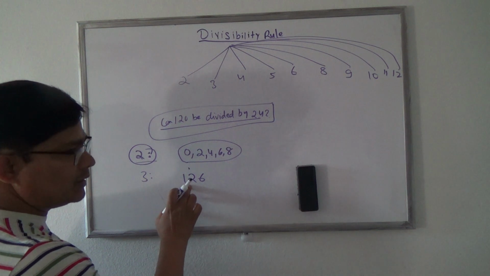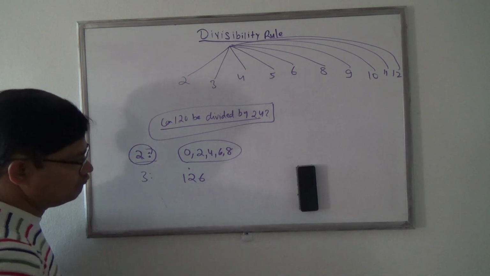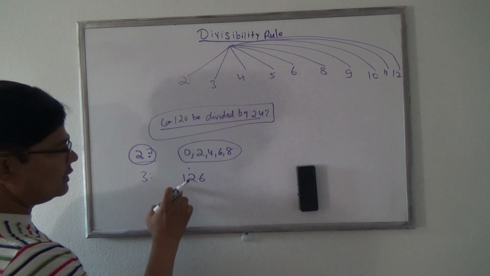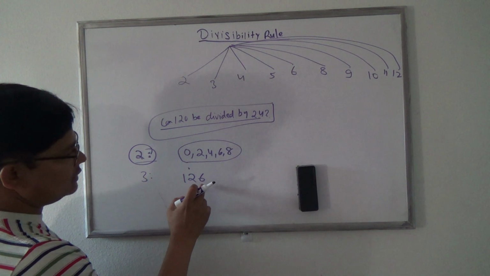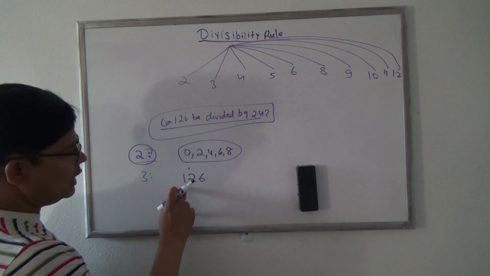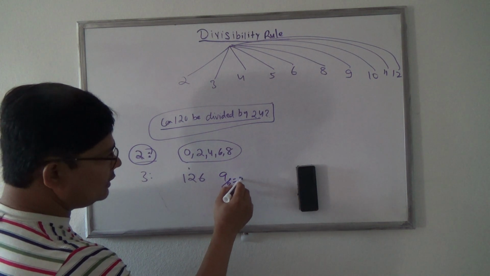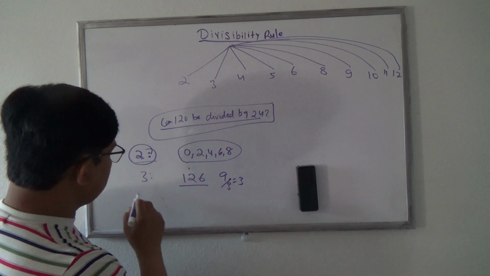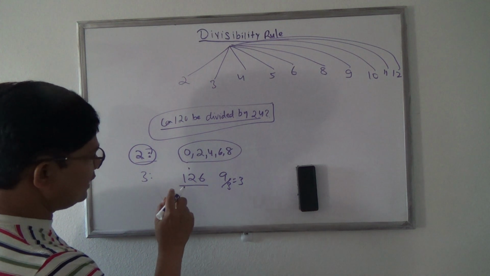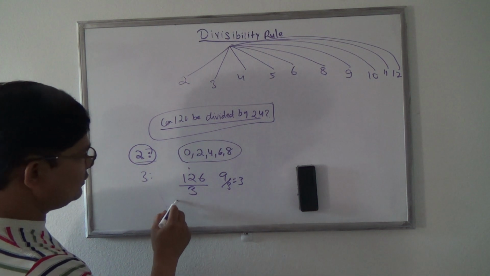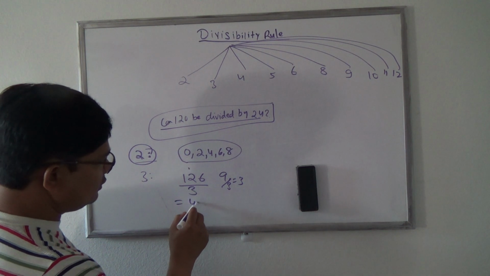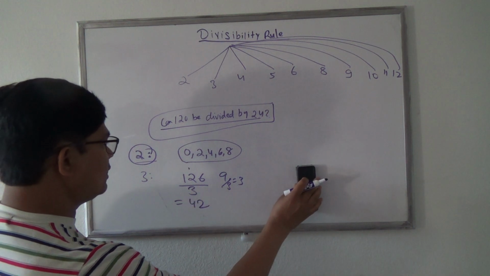Can this number be divided by 3? Let's take the sum of all 3 digits. 6 plus 2 is 8, plus 1 is 9. And 9 can be divided by 3. So you are sure that this 126 can be divided by 3, which gives 42.